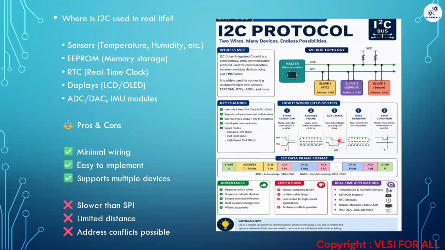Then you have the acknowledgement, where SDA is pulled low, and data transfer happens in 8-bit packets. Then you have the stop condition, where SDA goes from low to high. This is the frame format of an I2C. And as we discussed, there are some advantages, limitations, and real-time uses of this I2C.